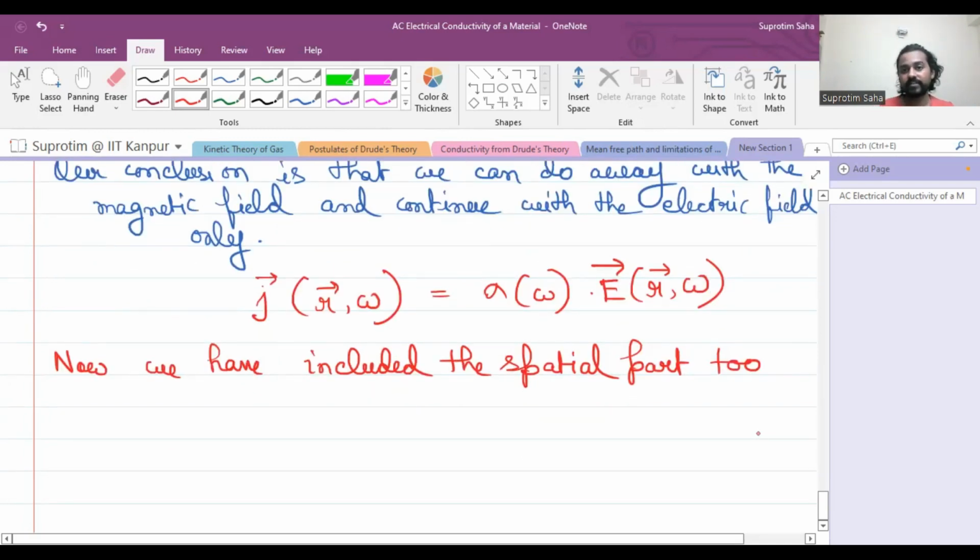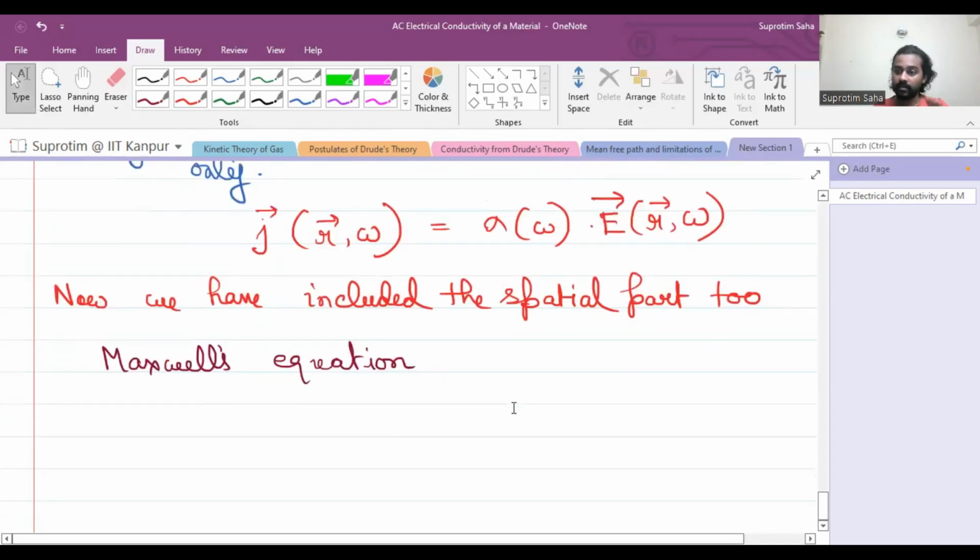Let's write our very popular, very own Maxwell's equation. All right. So Maxwell's equation. Why am I writing this? The immediate application is in finding the dielectric constant.